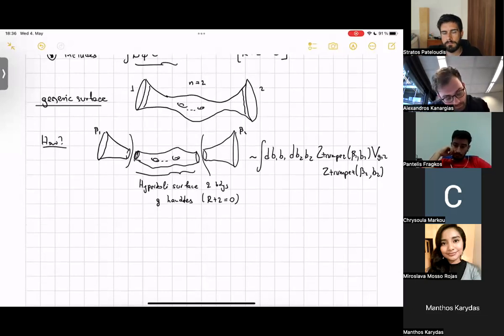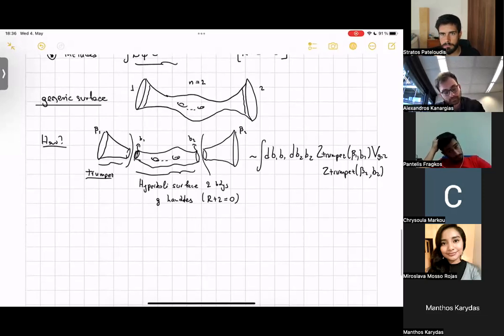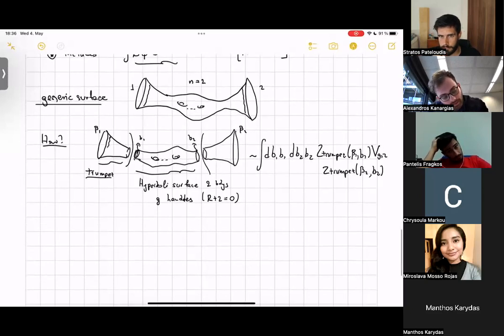So you see now, here we have two geodesics. This has a length B1 and this has a length B2. And these two, they call it a trumpet, I guess, because of the shape. You can do the functional integral over this boundary, and it gives you this contribution that I call Z trumpet. And then you multiply it by this V.